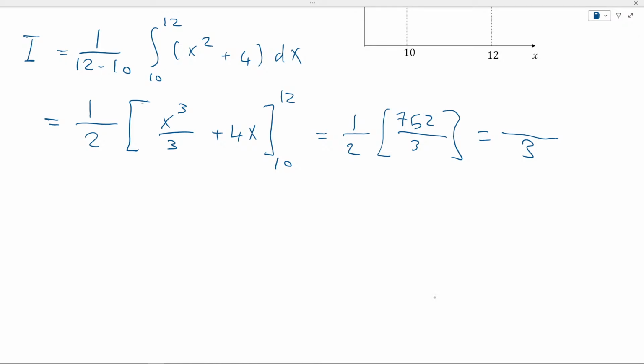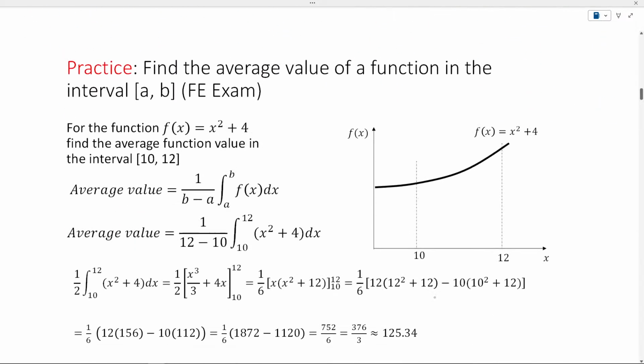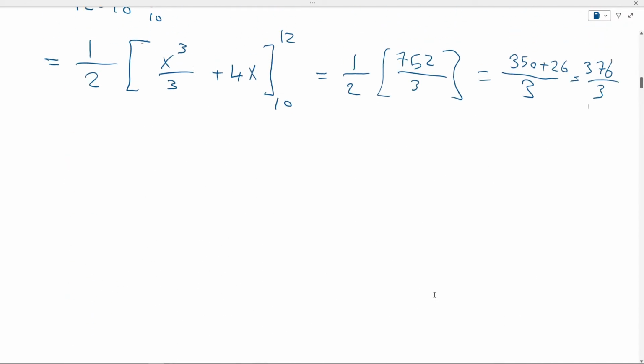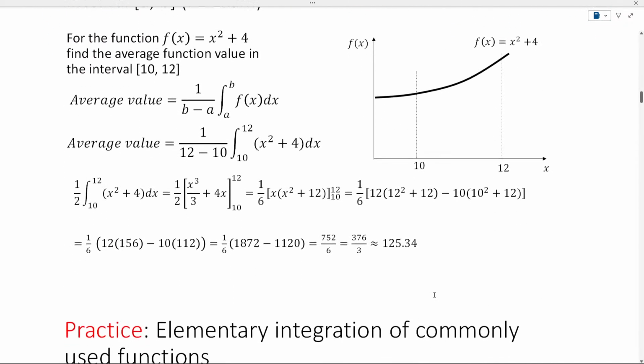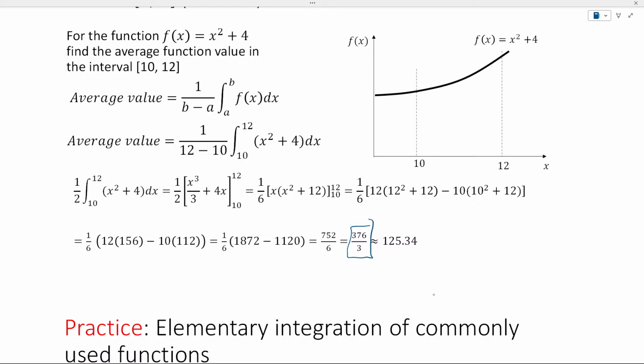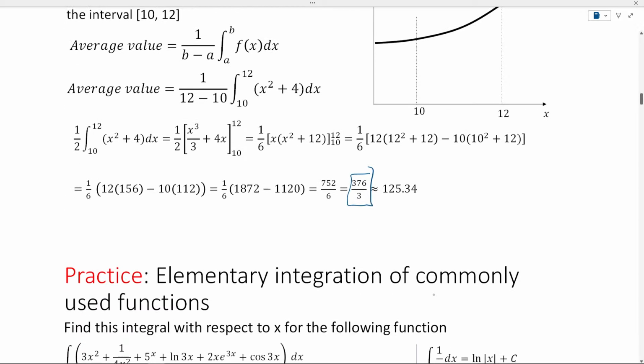So this is like 700, that would give me 350 plus 26. Yeah, and that would be equal to 376 over 3. You can just use your calculator, it might be easy. 376 over 3, yeah. Okay, so I got 376 over 3.